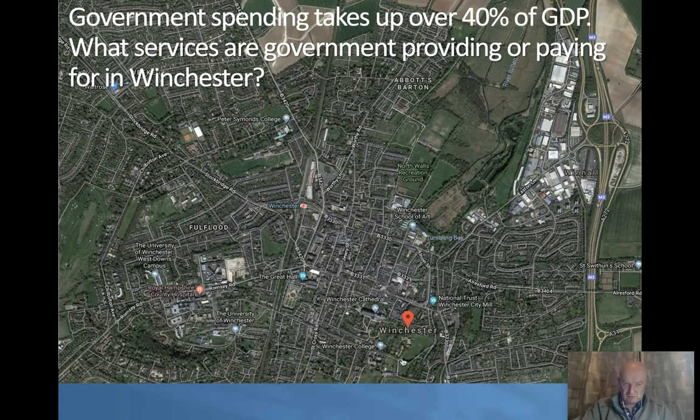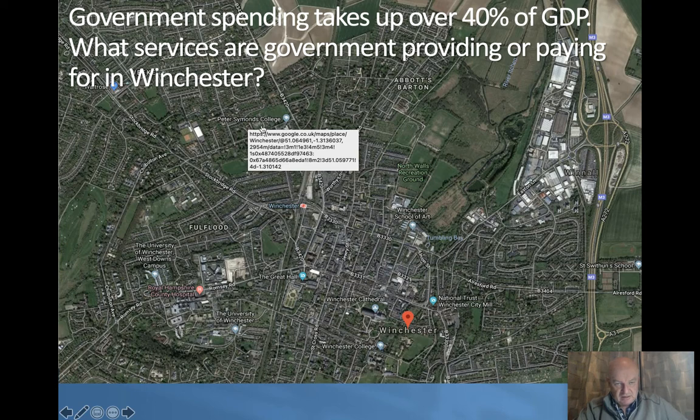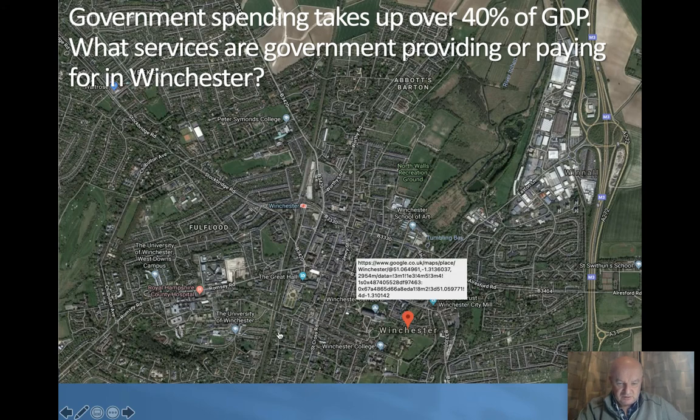So if we take Winchester as an example, we've got Peter Symonds College, which is obviously a significant education institution. We've got the University of Winchester, the Royal County Hospital, lots of infrastructure, the train station, and the Winchester School of Art. You can see just by looking at any city or town that there are significant amounts of government spending on transport, infrastructure, and all of the things that we talked about.